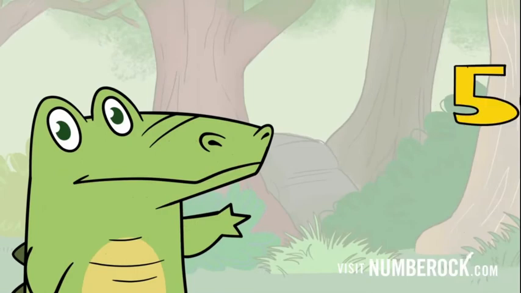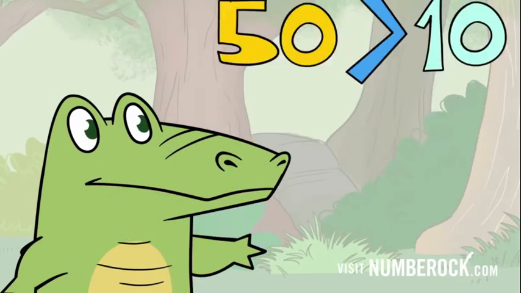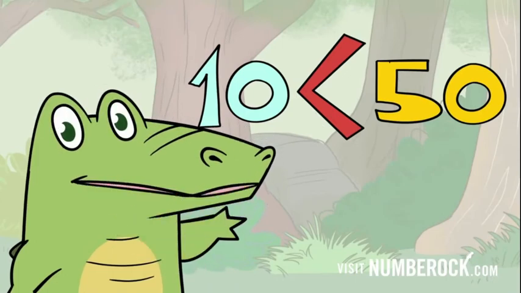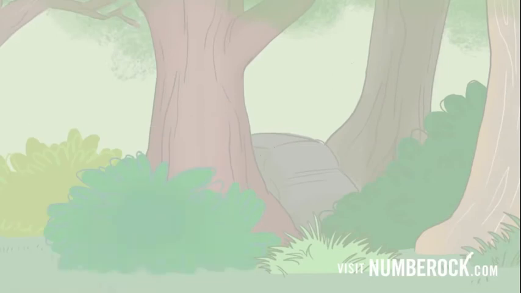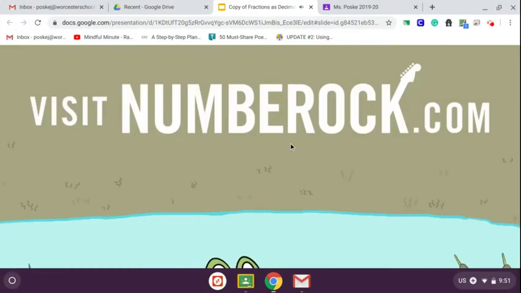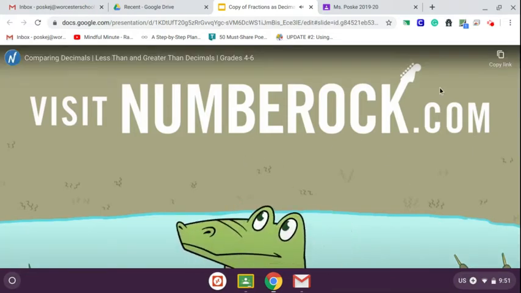For example, this reads as 50 is greater than 10. And this is read as 10 is less than 50. All right. Visit numberrock.com for exclusive content, lesson materials, and more. Thanks for watching.